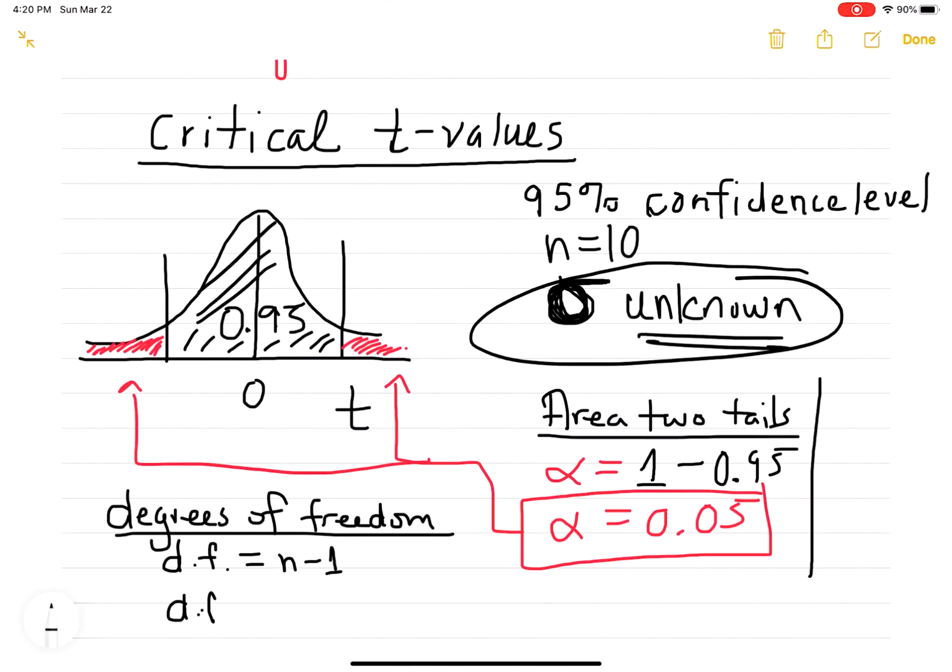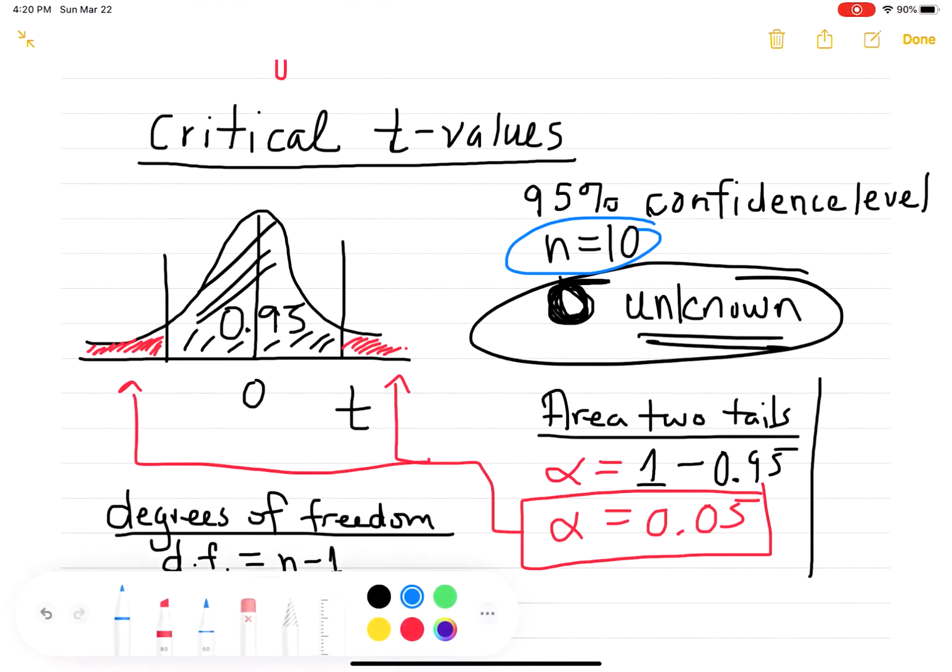If you look back earlier, we had a sample size of 10 here. You just take 10 minus 1. So that means your degrees of freedom here are 9. So our degrees of freedom are 9, and our area in two tails is 0.05.